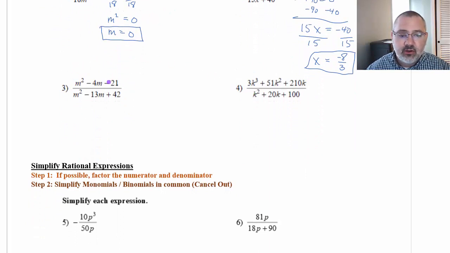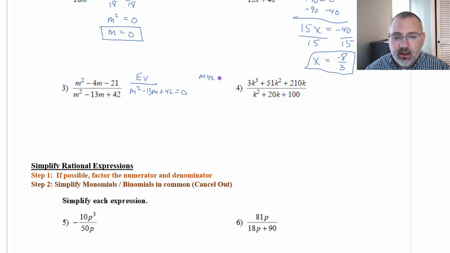Again, doesn't matter the numerator, just the denominator. So for my excluded values, anything that makes m squared minus 13m plus 42 equals 0 would be excluded. Now we would have to factor this because we see the m squared here. So we need two numbers that multiply to give you 42 and add up to give us negative 13.